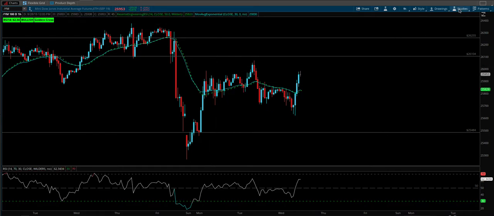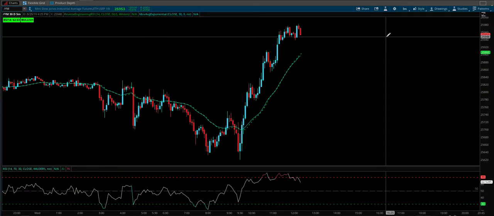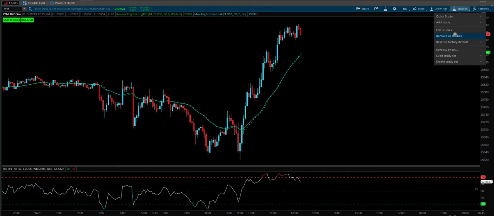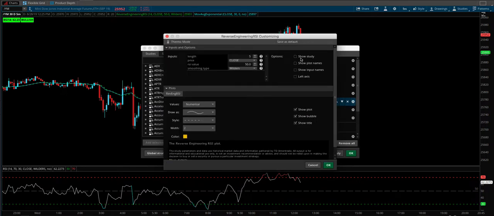Now, if you decide, well, I want to day trade this, so I want to use a quicker RSI, what I do is I also have a reverse engineering set at 5. So instead of 14, I have it at 5. It's still 50, but I have it set at 5.